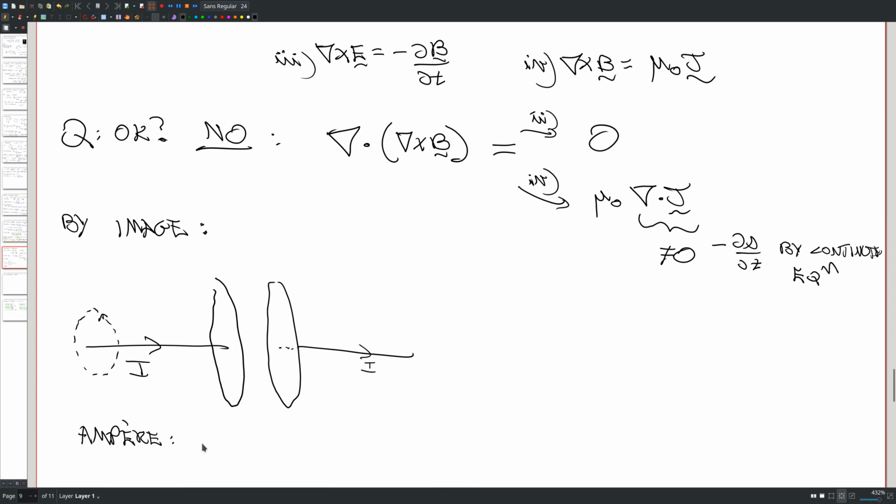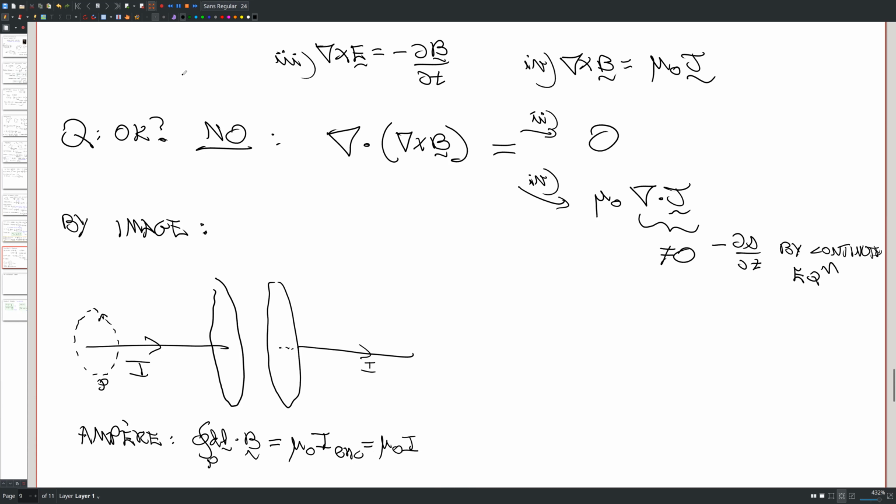Ampere tells me that if I was to integrate over the loop dl dot B, I would get mu 0 I enclosed, which is equal to mu 0 I, if I'm taking the surface which is the flat surface defined by this.